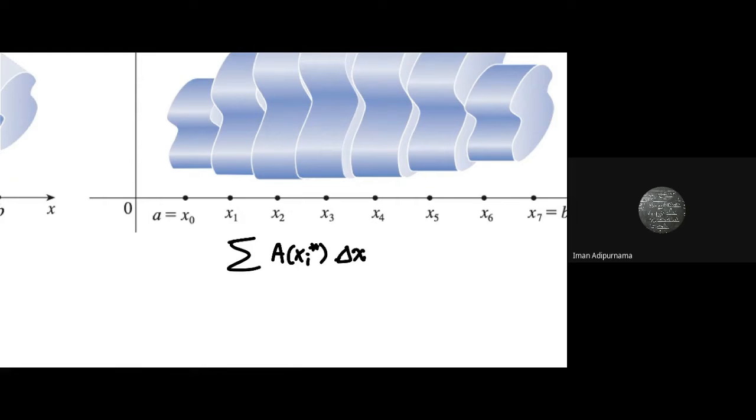If the number of rectangles, the number of small volumes, increases, this will give you the idea of a limit as n gets large.